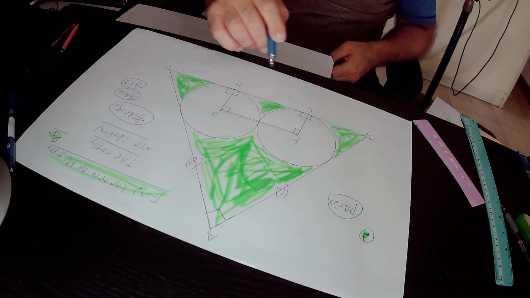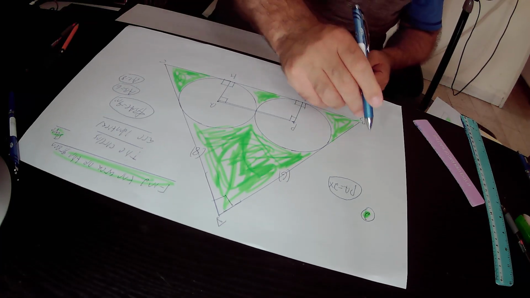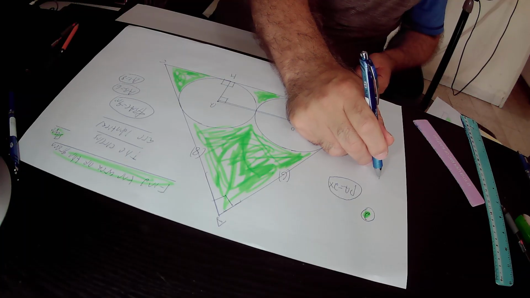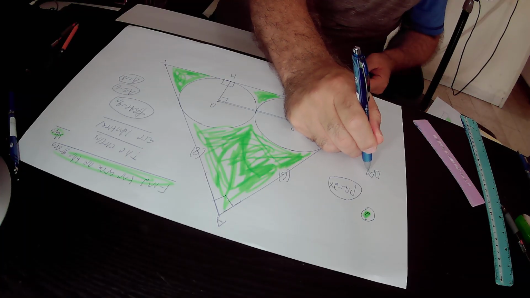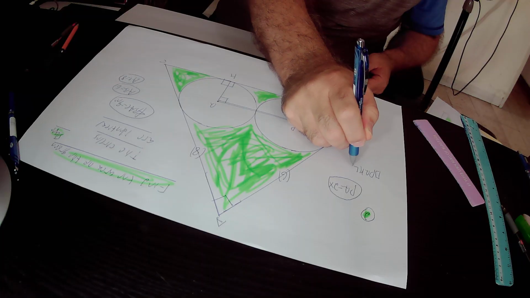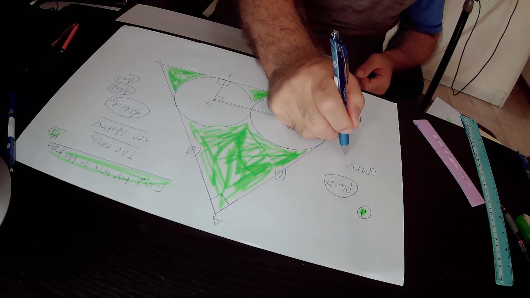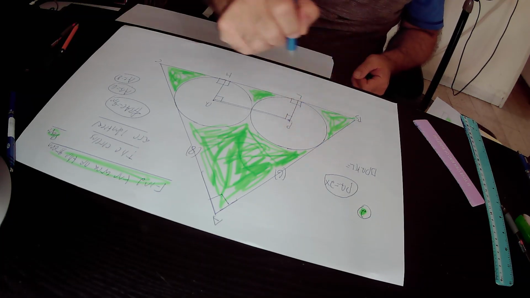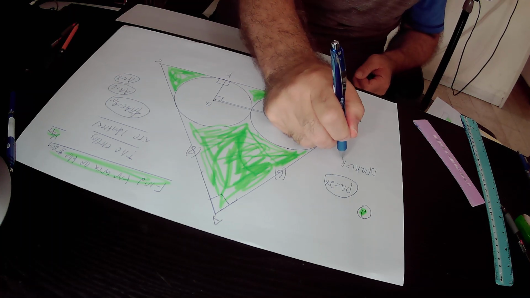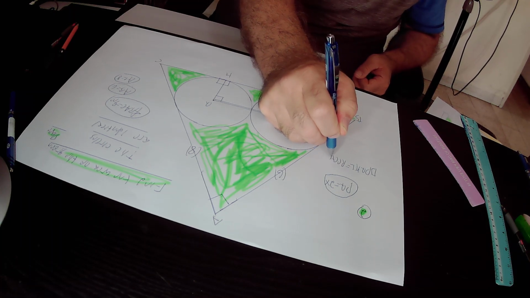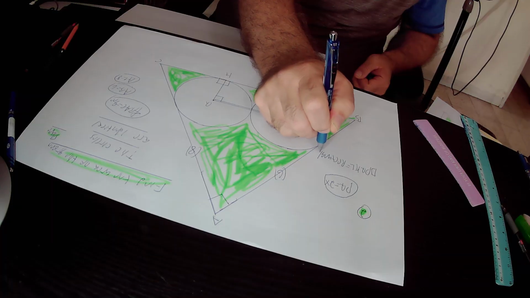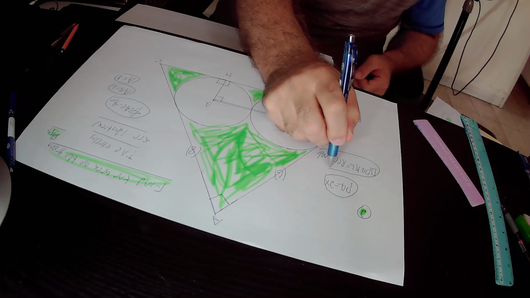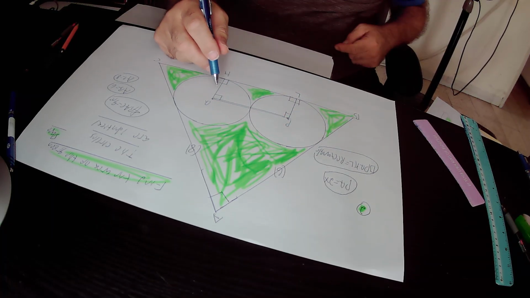Again, PQKL is a rectangle, according to what we already found out. And PQ equals 2x.